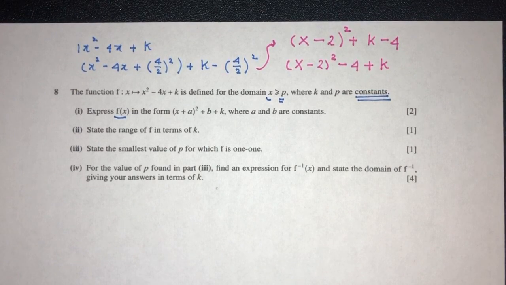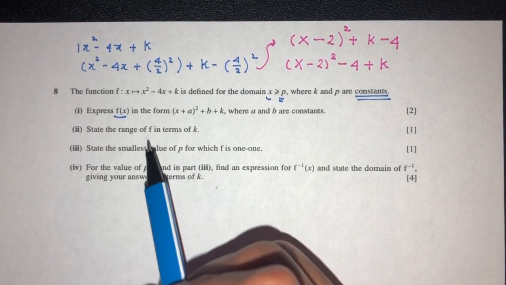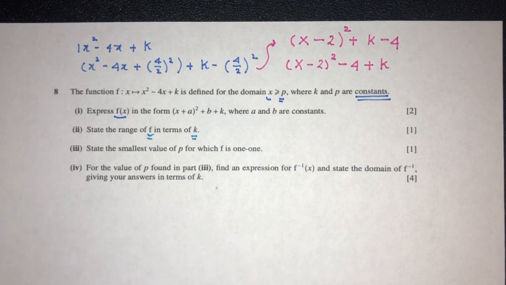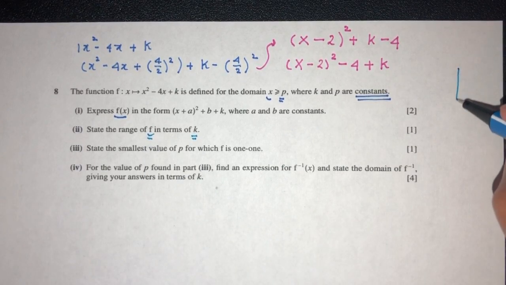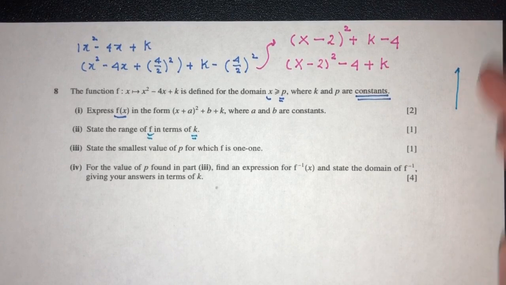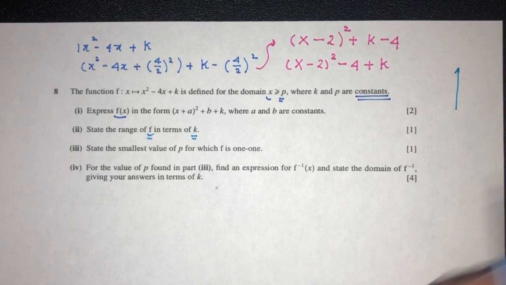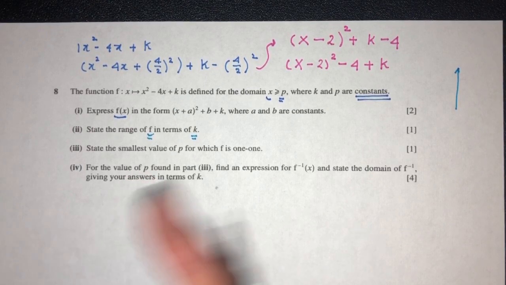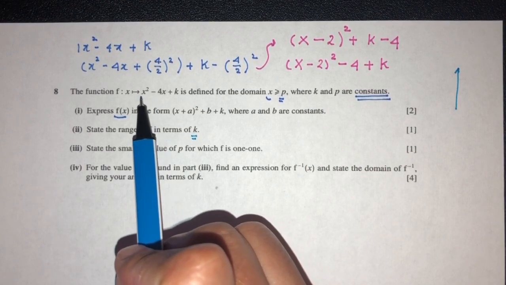Now for part 2, we have to state the range of f in terms of k. So pretty easy. The range of f is the y values of the function, which is the up and down values. So let's have a look. The main idea behind this is we can always use the graph, or understanding of the graph, to find the range. For example here, what is the shape of this graph?